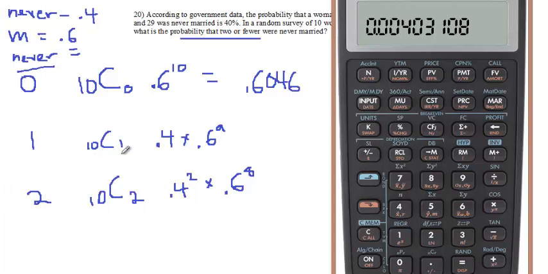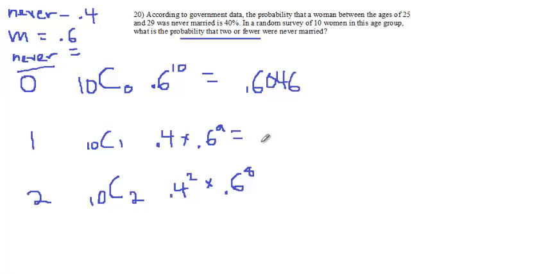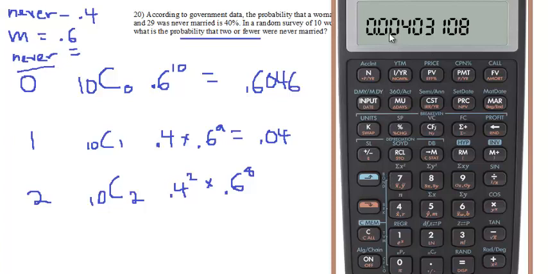It's only 1, so you just divide by 1. Just like 10C5 would be 10 times 9 times 8 times 7 times 6 over 5 times 4 times 3 times 2 times 1. So 10C1 is simply 10 times 1, which is 10. So multiply that by 10, which only means we move the decimal point over one spot. We can just multiply it by 10 here on the calculator and get 0.0403.